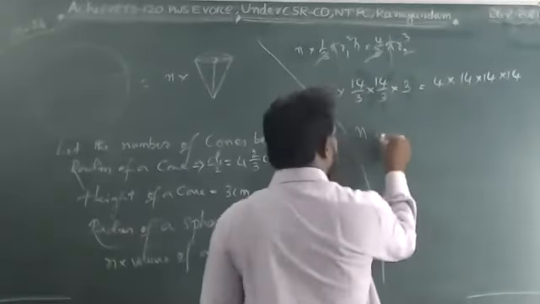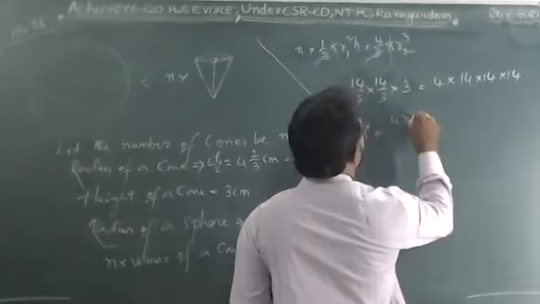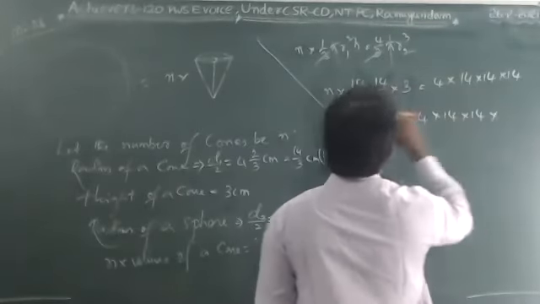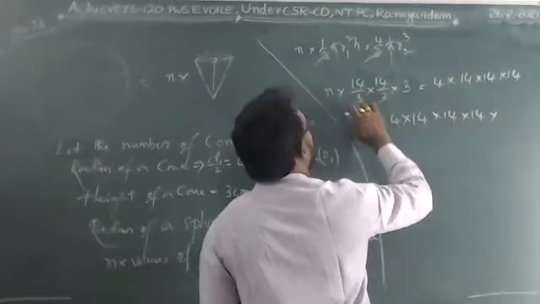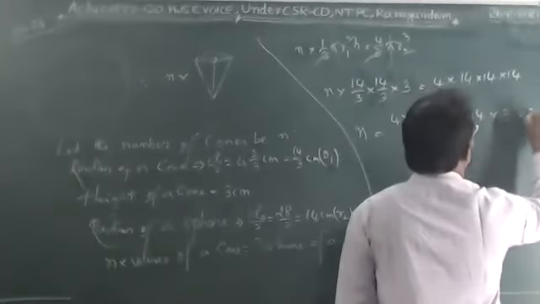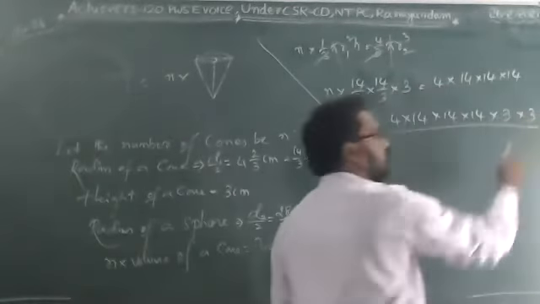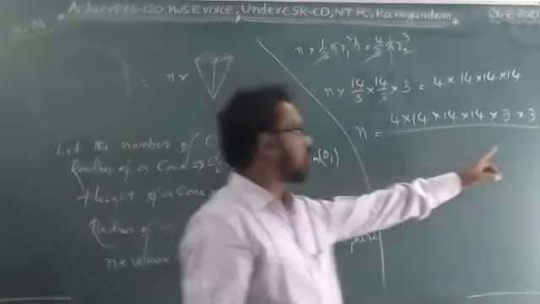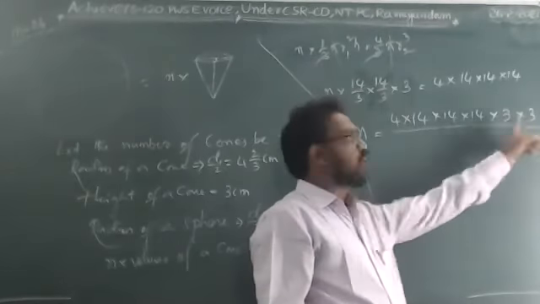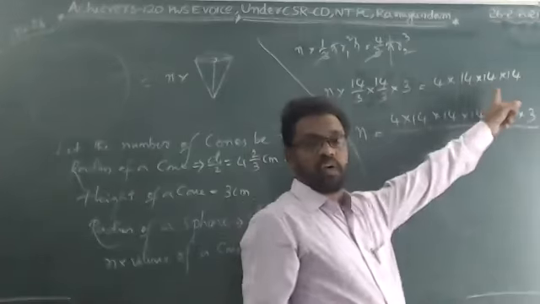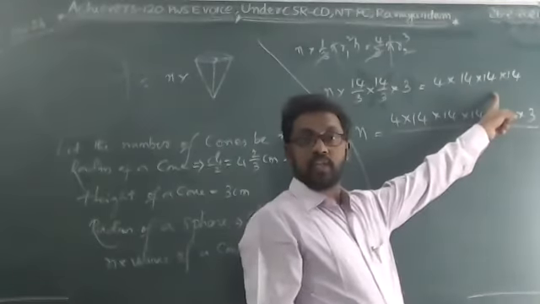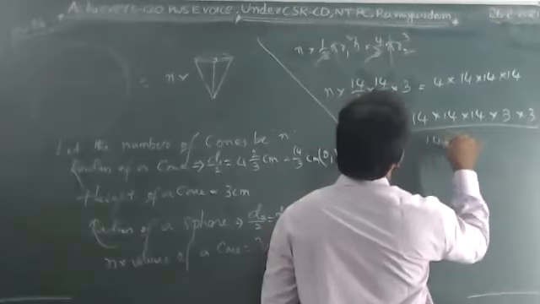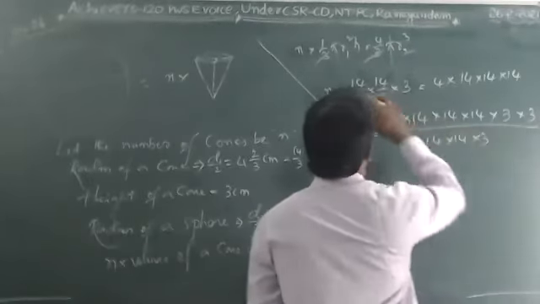See, n is equal to, write down the numerator first: 4 into 14 into 14 into 14. The denominators 3 into 3 go to the numerator on the other side. Now the denominator: 14 into 14 into 3.